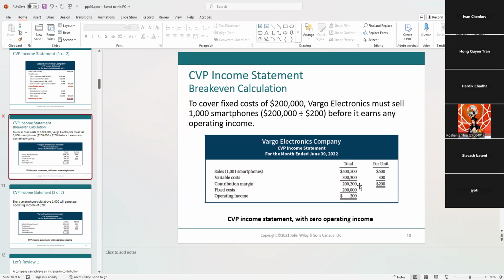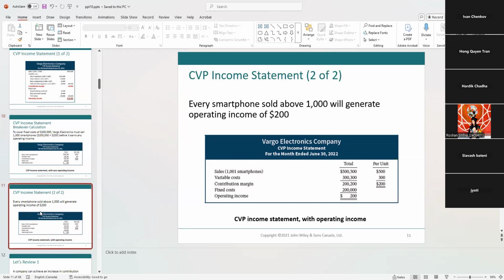If we sell two additional units, my operating income will be twice as much, or $400. So every smartphone sold above the 1,000 generates $200 of contribution margin, which flows directly to our operating income.